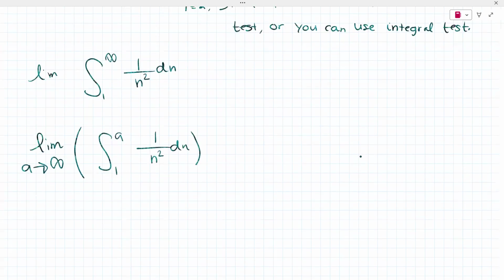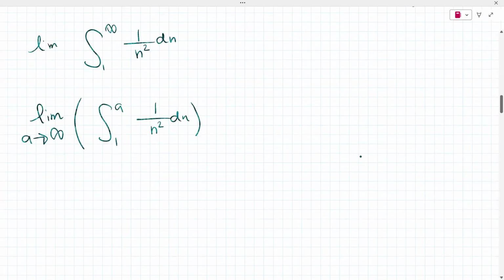And then you apply your fundamental theorem. So what is the integration of 1 over n squared? Well, that's the same thing as n to the negative 2, and then that would be the limit as a approaches infinity of negative 1 over n.